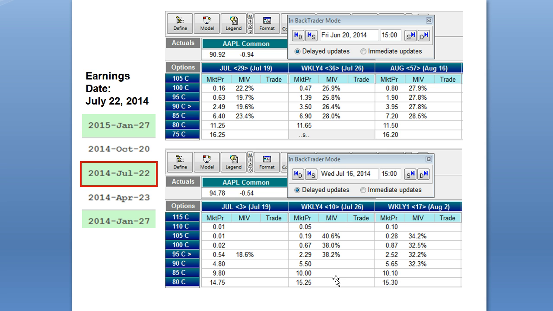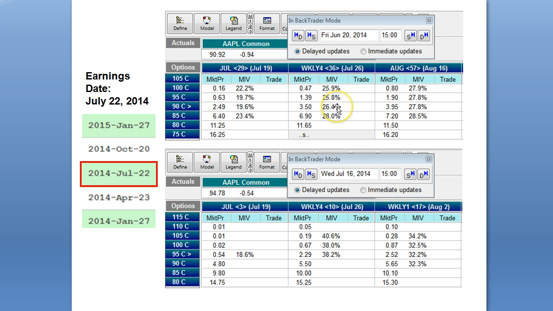Let's go to the next previous expiration, July of 14. Okay? July 22nd is our date. Here's the expiration for the 19th, not affected by earnings. Here's the one, July 26th, that is affected by earnings. The one not affected by earnings went down about a point.